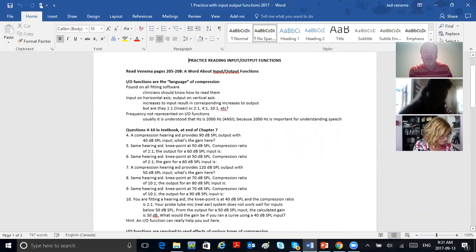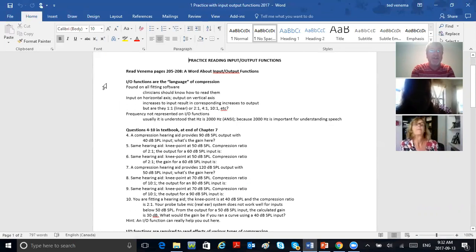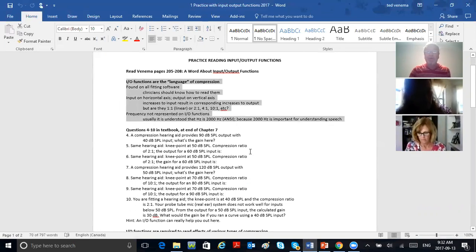You've got a couple of practice questions on input-output functions. I really want to stress here that input-output functions are the language of compression.